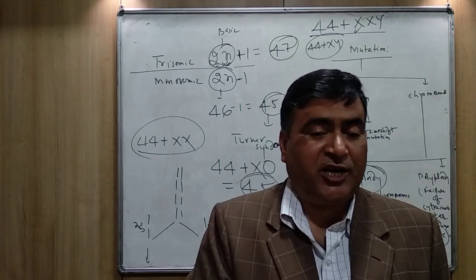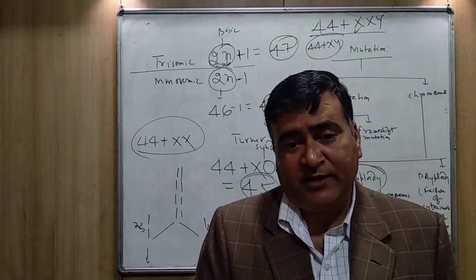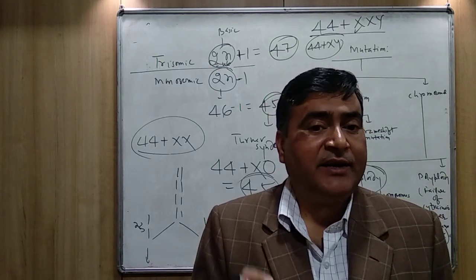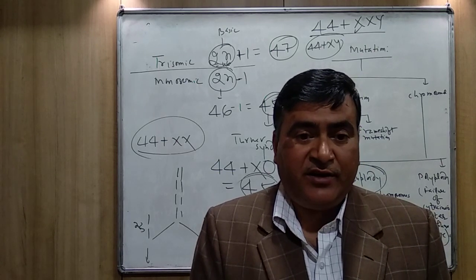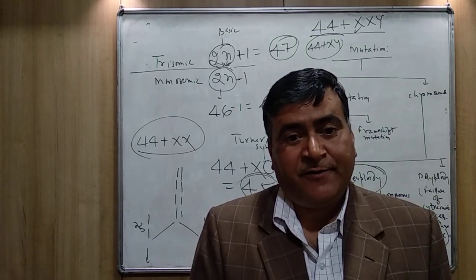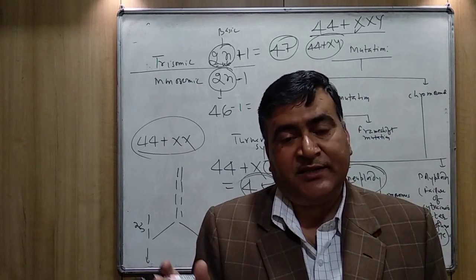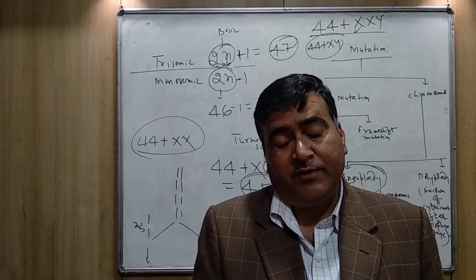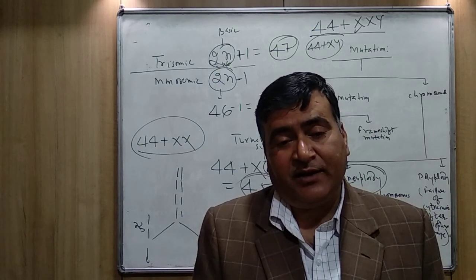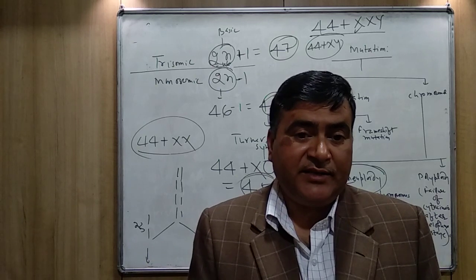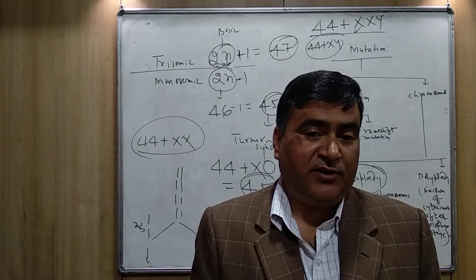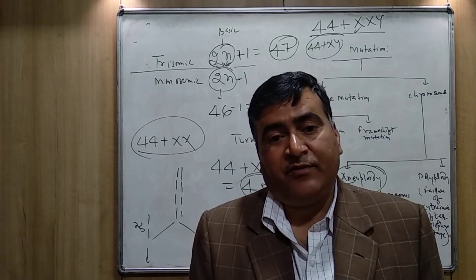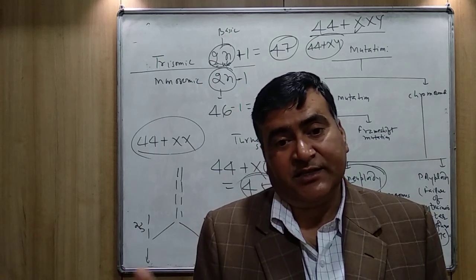Sometimes it is induced artificially to get the desired product, but polyploidy is found mainly in plants. In plants, polyploidy may be useful and may be the cause of more yield; it may be beneficial.